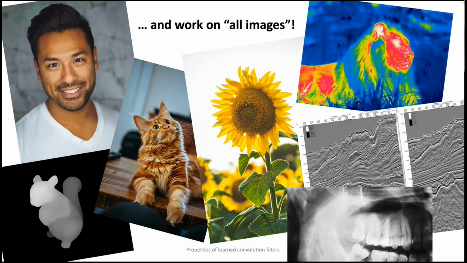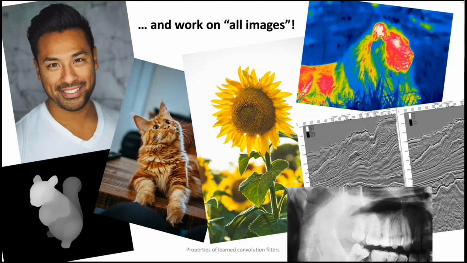And surprisingly, CNNs also work on a very wide range of images. So from people's faces to cats to photos of plants, it supports a very wide range of applications. And interestingly, it also works on images that do not carry color information.